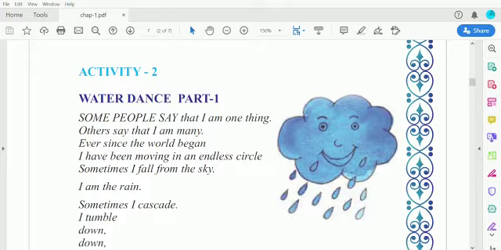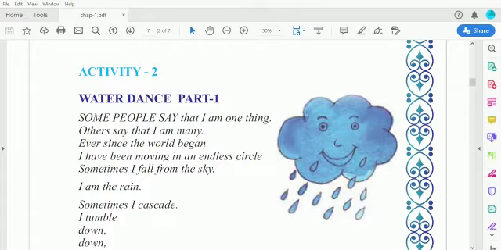So here there are a few meanings also in your textbook. At the back it is given. If you want to understand, it is given there. So the poem Water Dance reads about different forms of water. Some people say that water is one thing, but others say the water is many, in terms of its various forms.